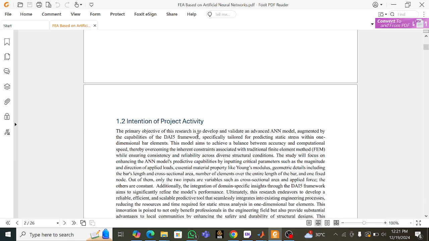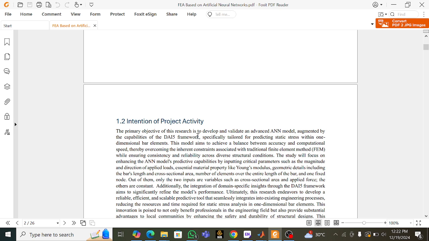The intention of this study, in the technical context, is to predict the static stress in a bar element using an artificial neural network integrated with the diaphragm framework. This will reduce the time as well as increase the accuracy of the calculations.